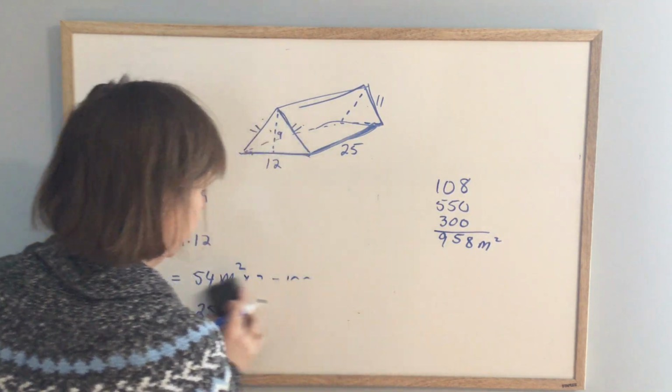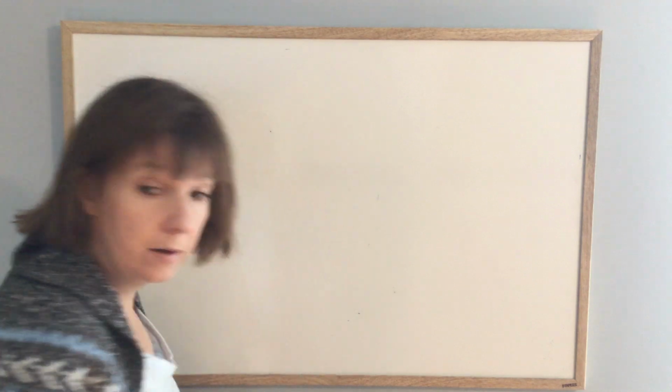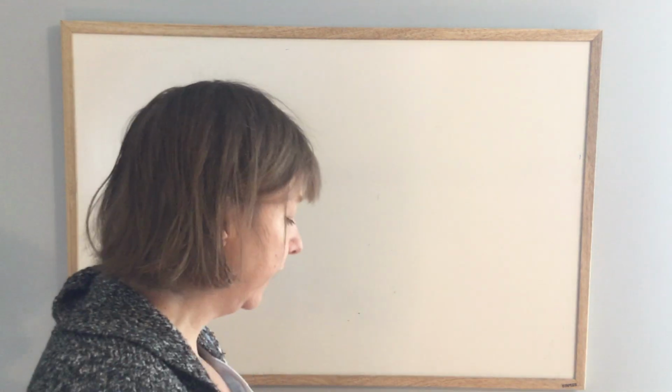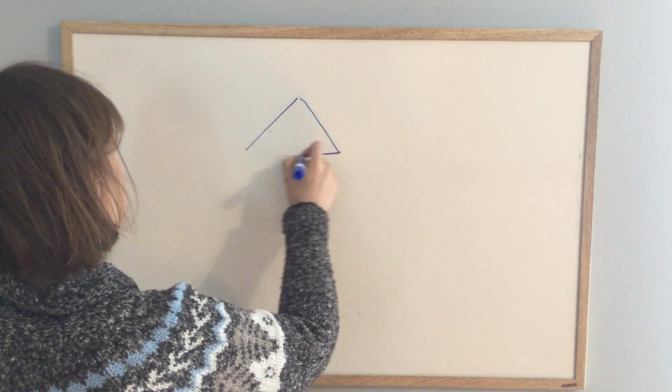Number 16. Number 16 says something that I don't know. Hold on. Calculate the surface area and the volume of each. So for number 16, again, it's basically a little tent.